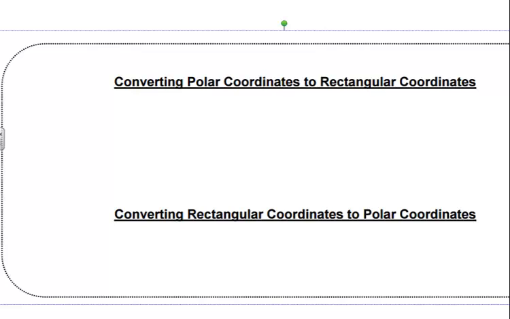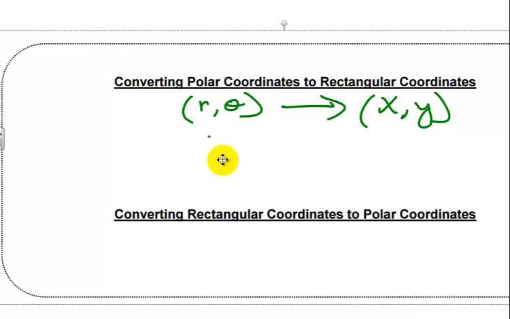Now we need to be able to move back and forth between polar coordinates, which is r and theta, and rectangular coordinates, which is x and y, because really we just have our polar coordinate and our rectangular coordinates overlapping with each other. So the equation to get x is r cosine theta.